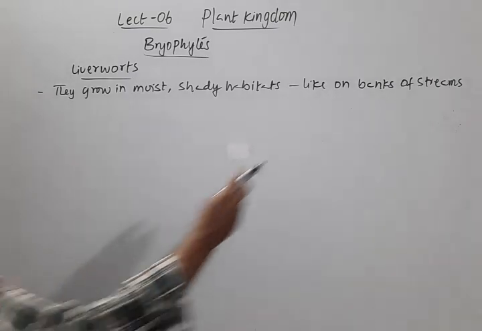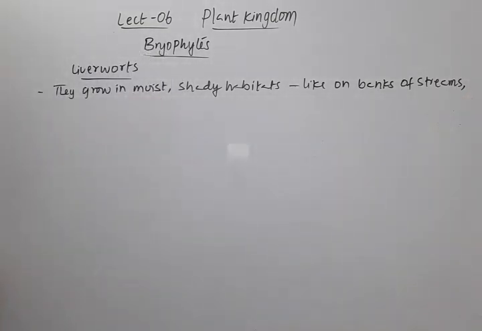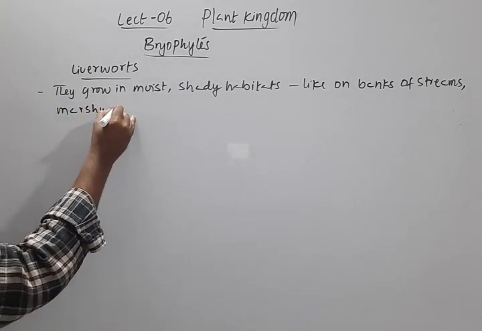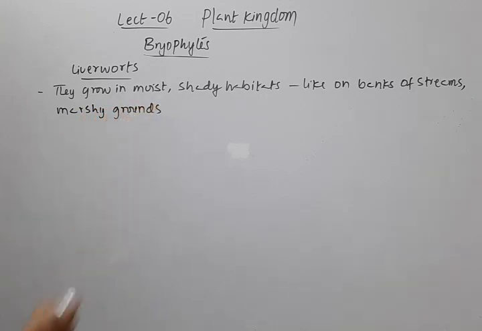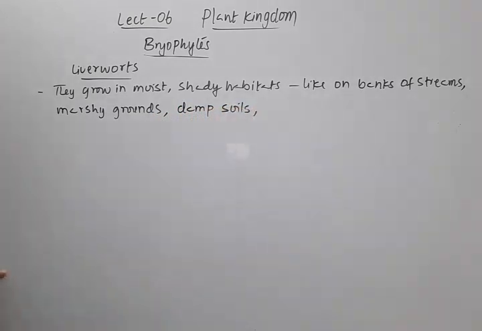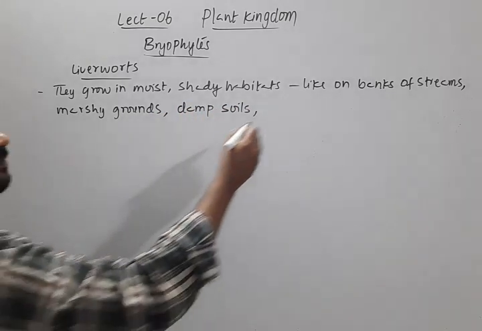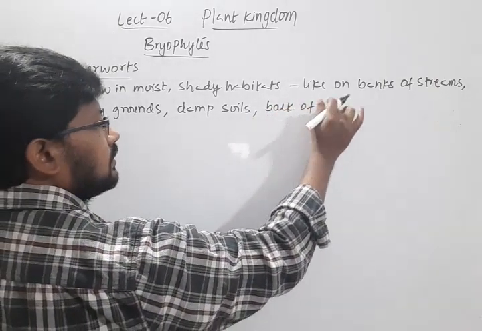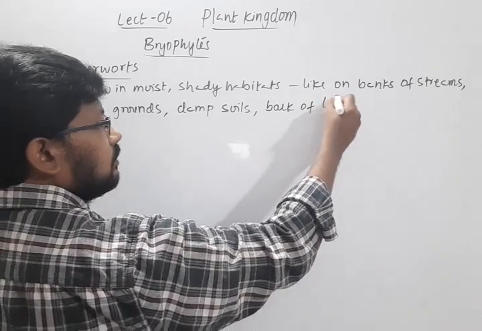And they are also seen growing in marshy grounds. Already we know the meaning of marshy grounds. Those are wet locations, right? And then damp soils, and even on bark of trees we see them growing.